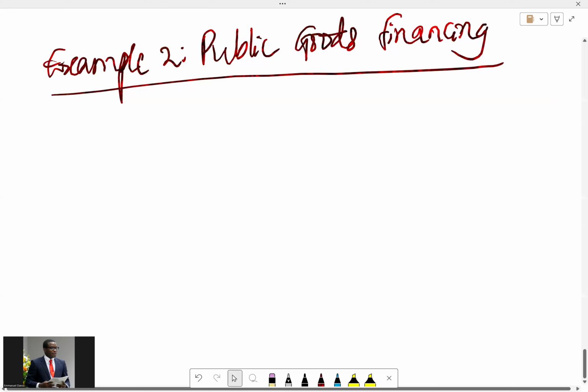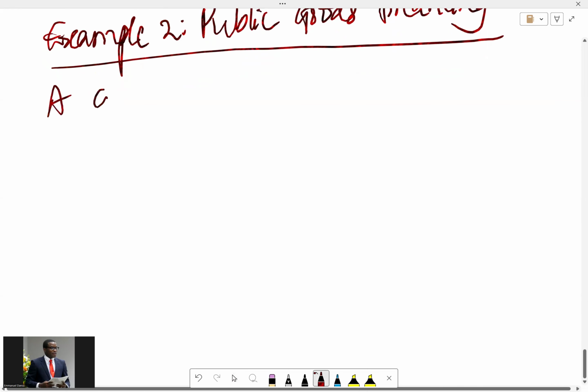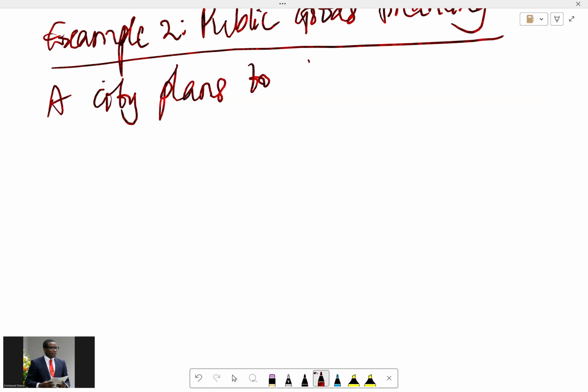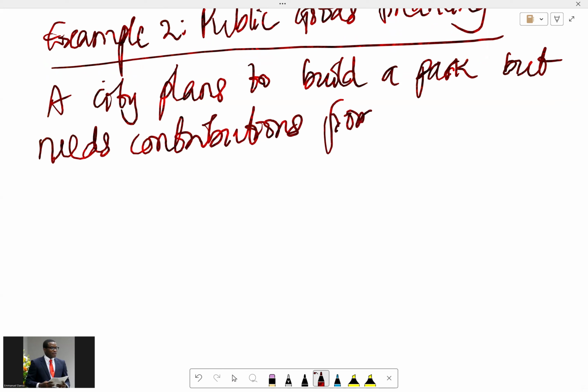Imagine that a city plans to build a park, but needs contributions from residents.